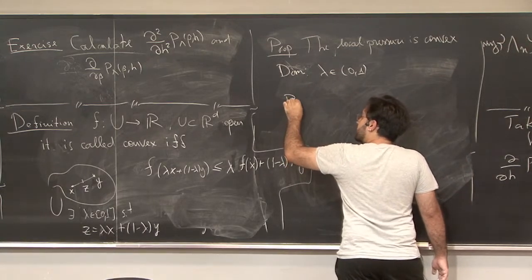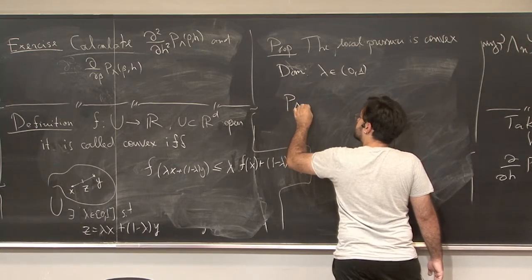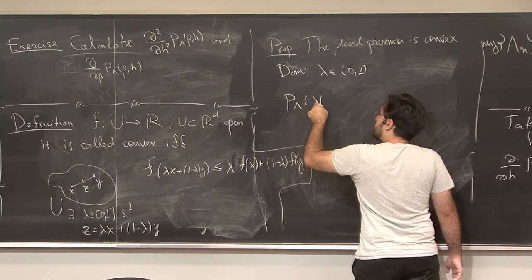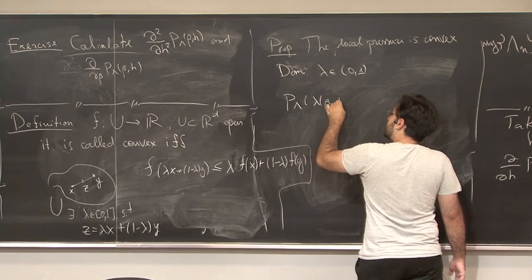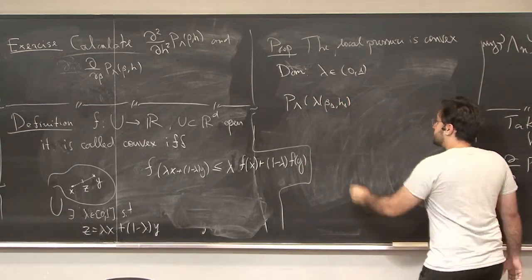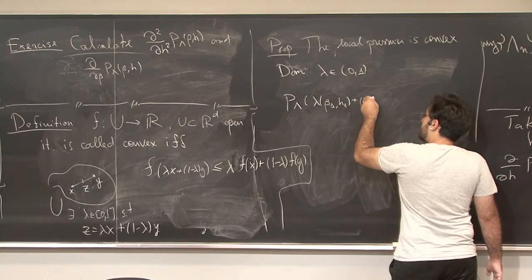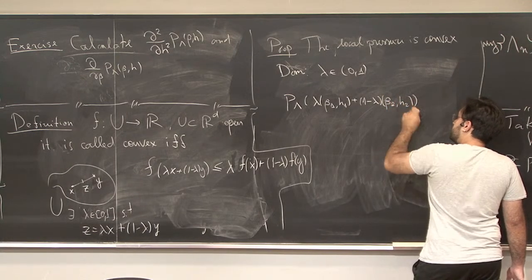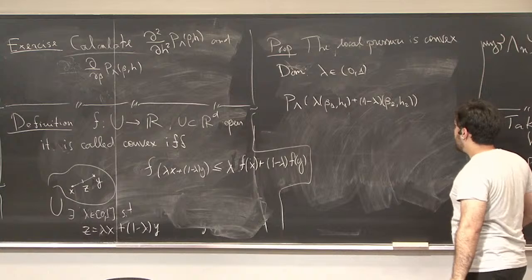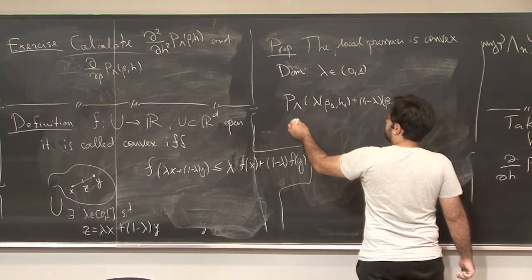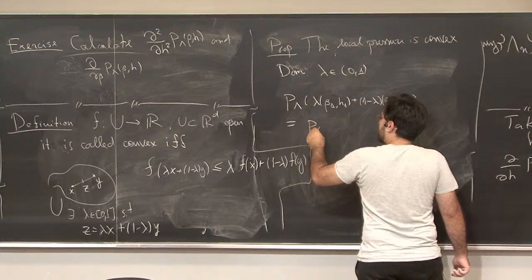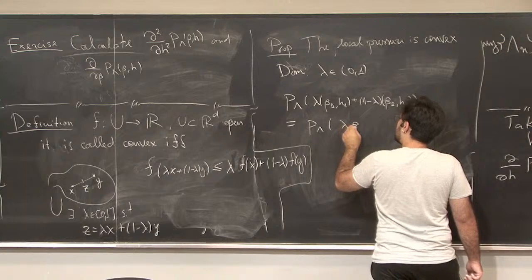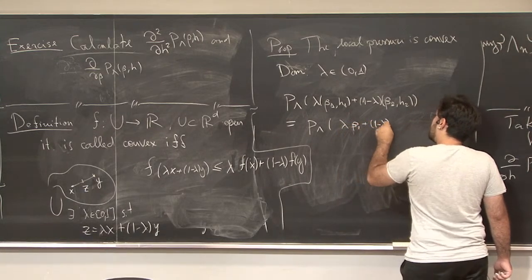If I write P of the convex combination lambda beta 1 H1 plus 1 minus lambda beta 2 H2, this is exactly the pressure with a convex combination of the inverse temperatures, P beta 1, P beta 2.